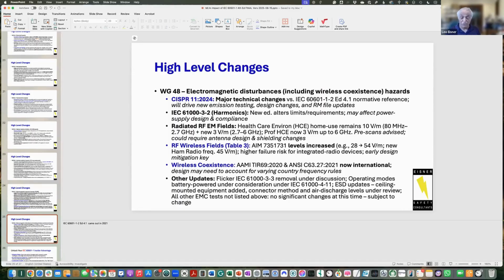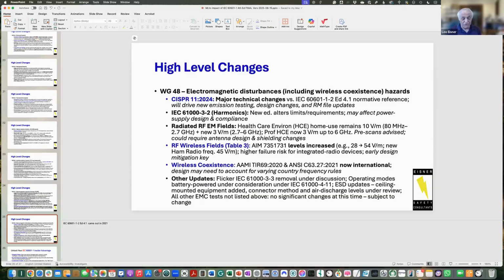And there are major technical changes. So that means it's going to drive new emissions testing, most likely design changes is the implication, and you're going to have risk management file updates. So it's pretty significant. Radio frequency wireless fields, table 3 within the Working Group 48 section.